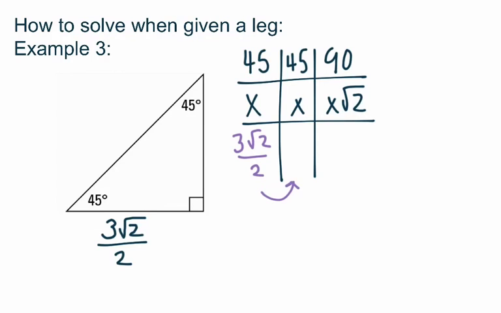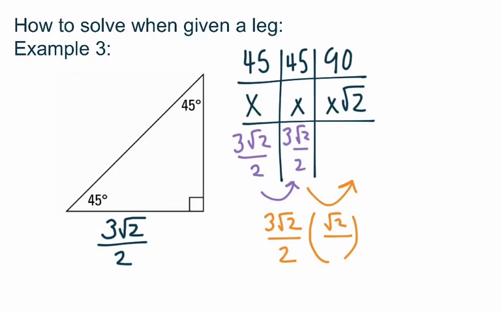Automatically, the next column is going to be 3 square root of 2 divided by 2 because it's isosceles. And then for the last one, remember it's leg times square root of 2. So we're going to have 3 square root of 2 divided by 2 times the square root of 2.